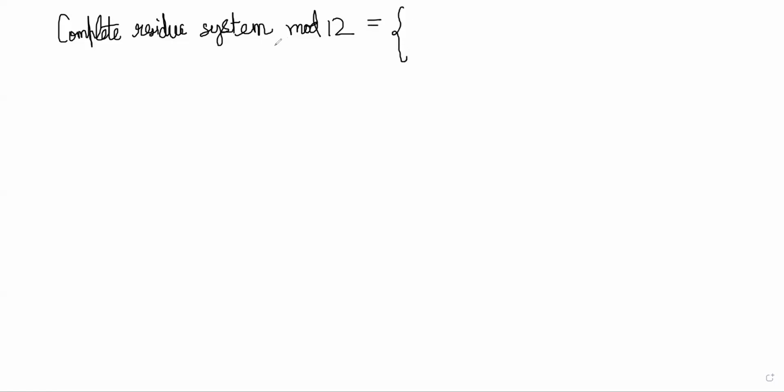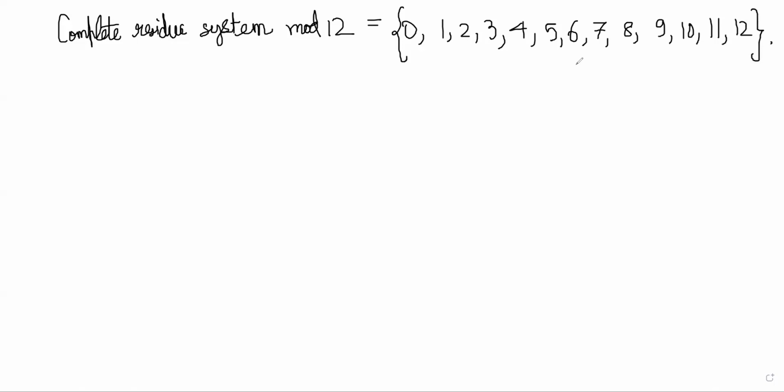And all of them have to be part of this set, right? So all possible remainders are 0, 1, 2, 3, 4 till 11. These are all possible remainders when you divide by 12. So this is the complete residue system mod 12.